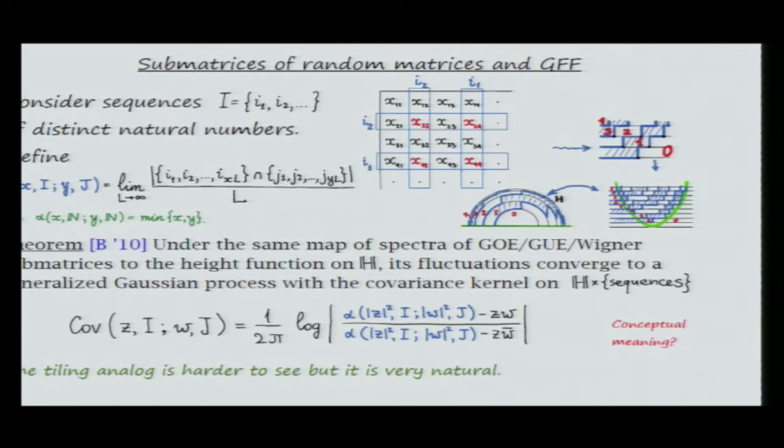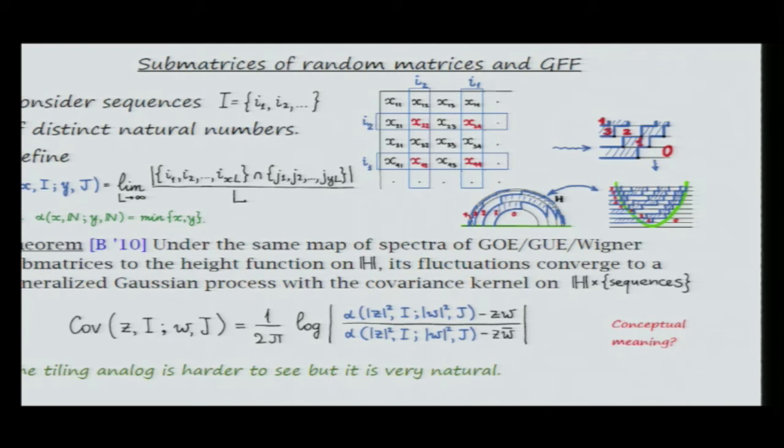And so what I will do now, I will take a certain sequence of natural numbers, and I will take from my original matrix only rows and columns that have numbers in that sequence. Okay? So think, for example, of even numbers. I just take even rows and columns.